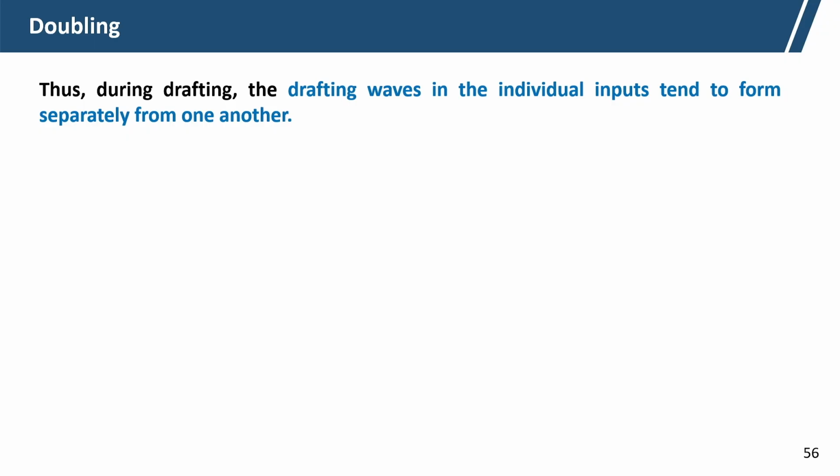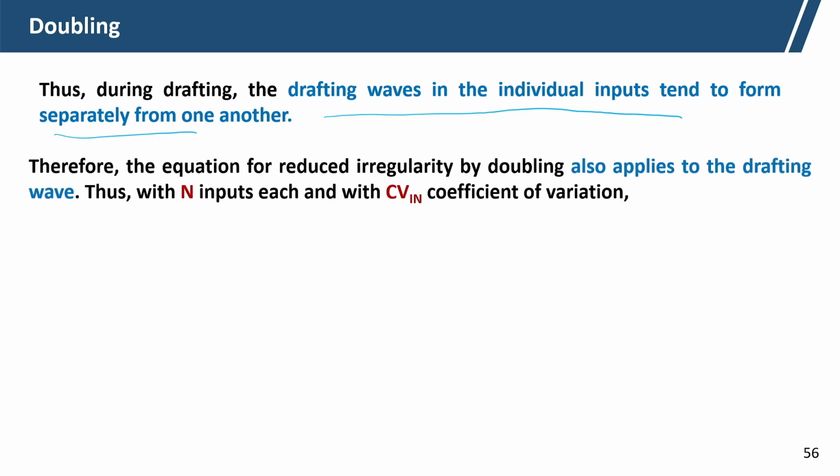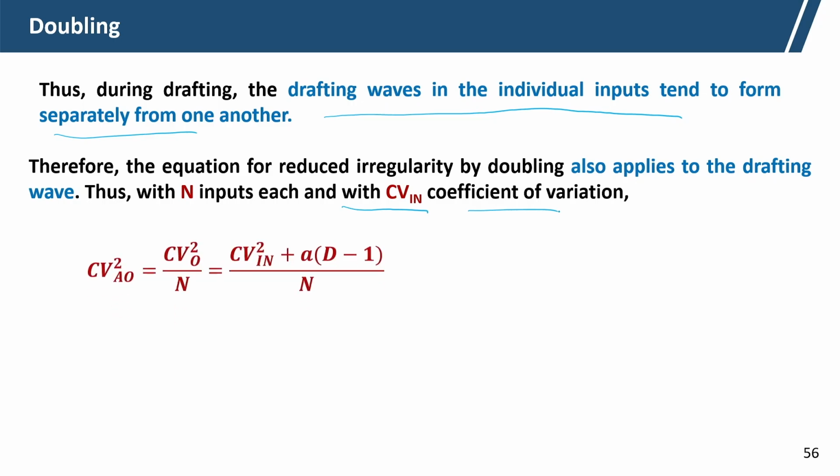Thus, during drafting, the drafting waves in the individual inputs tend to form separately from one another. And therefore, the equation for reducing the irregularity by doubling also applies to the drafting wave. And thus, with n inputs each with coefficient of variation CV in, here the drafting wave will also come into the picture.